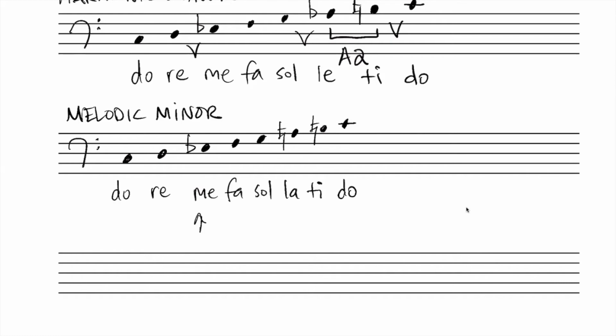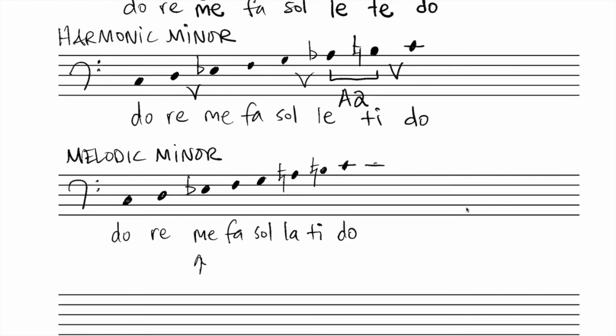Going down, however, it's identical to natural minor. Using te and le and me going down. This is what it sounds like.